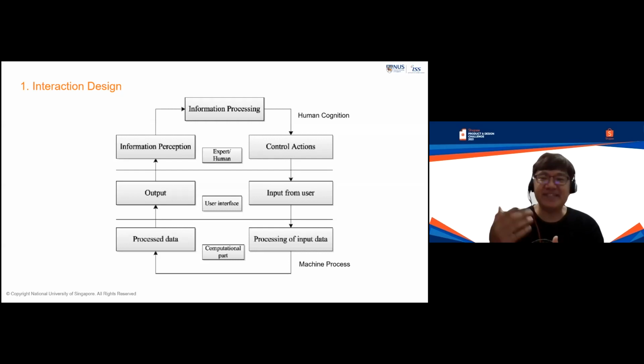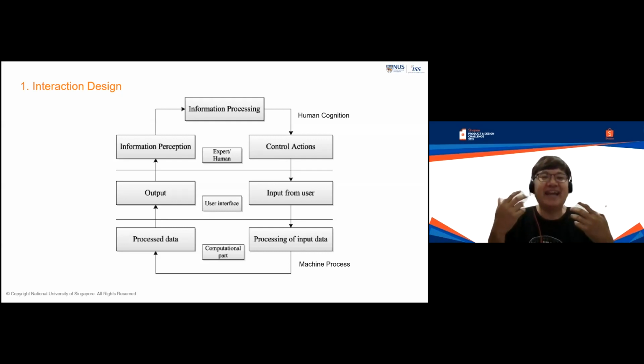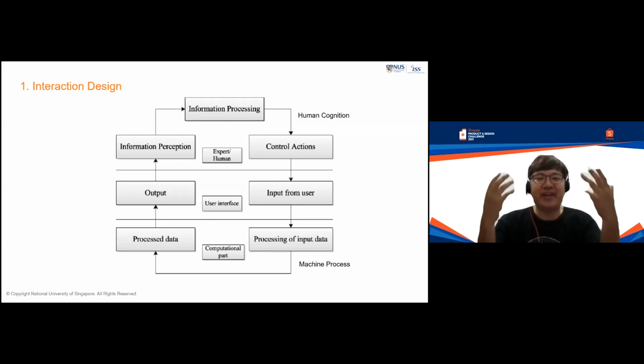Maybe there's no input, like web 1.0, it just shares the information on the website, and that's the input to the user. The same thing on the user side: there's an information perception input, and then it goes to our human brain.